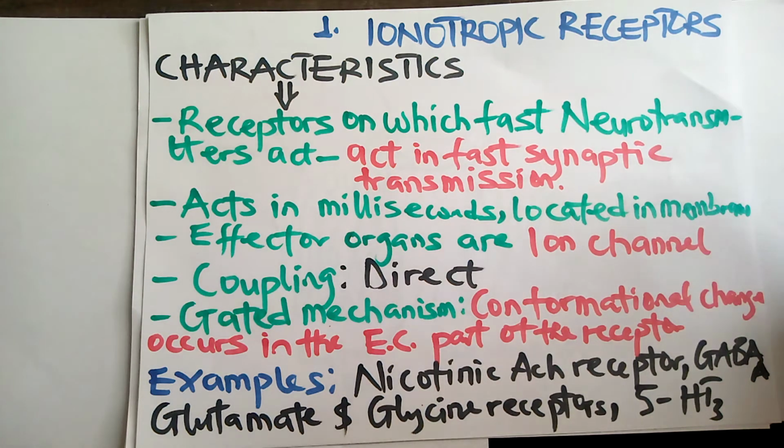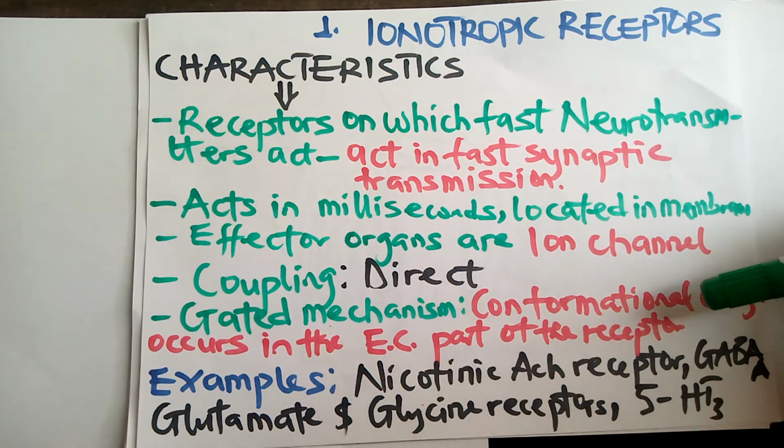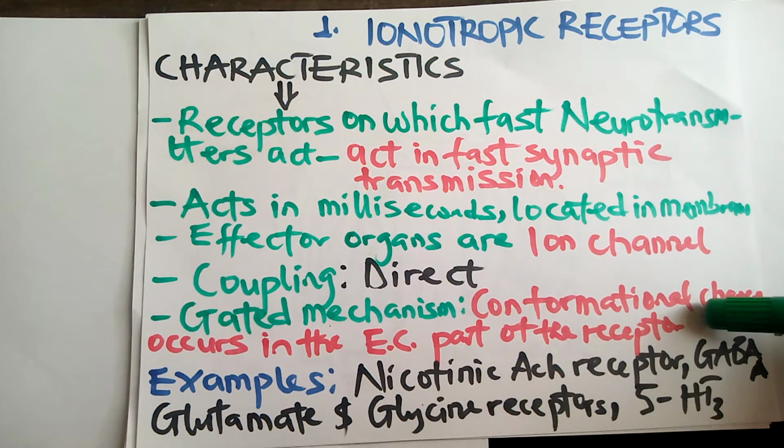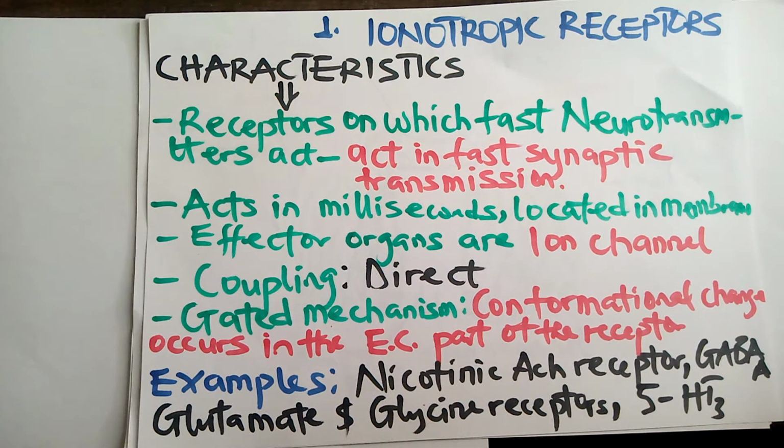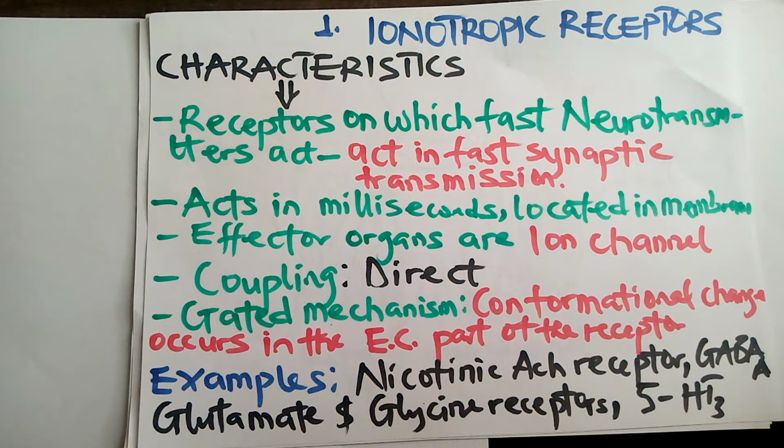When the ligand binds to the channel, it leads to a conformational change on the receptor. Examples of ionotropic receptors are the nicotinic acetylcholine receptor, the gamma-aminobutyric acid type A receptor, the glutamate receptor, the glycine receptor, and the 5-HT receptor, also called the serotonin receptor.